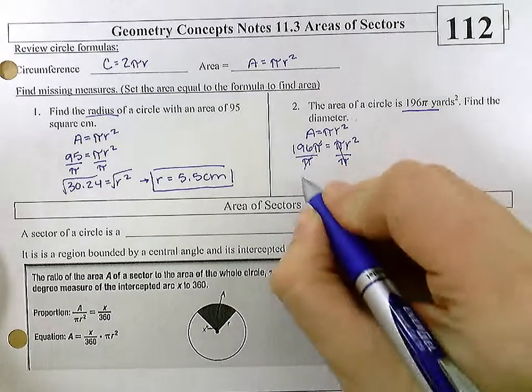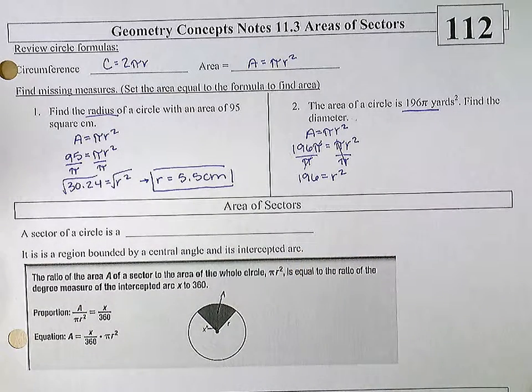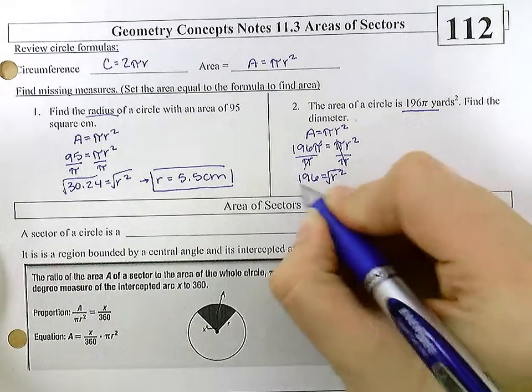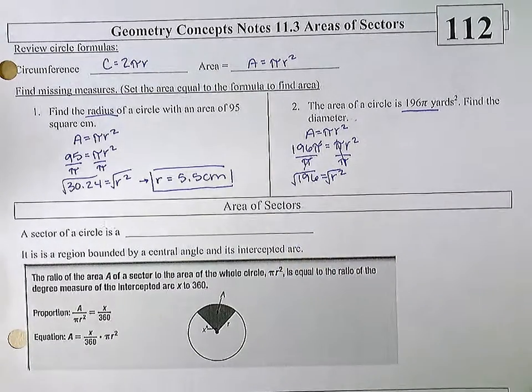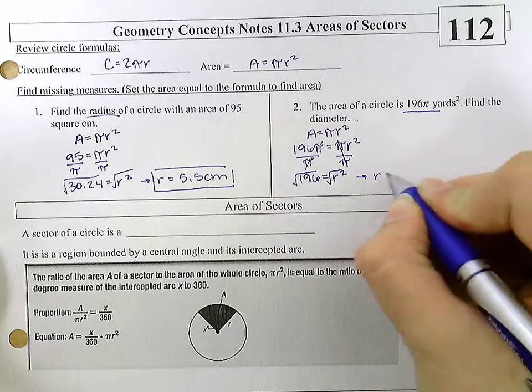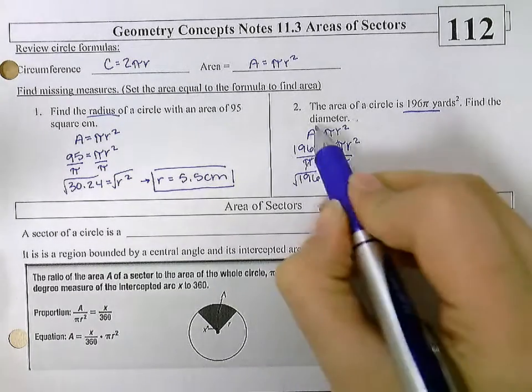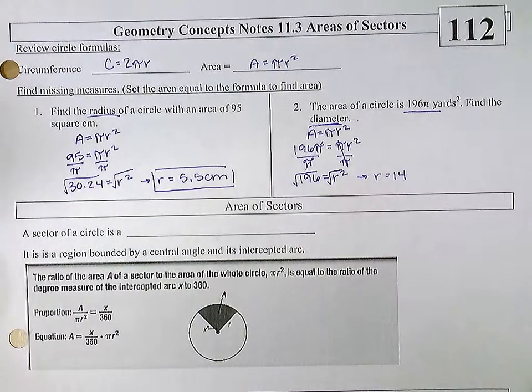So you have 196 is equal to r squared. Take the square root of both sides, and r will then be equal to 14. However, in my directions, it wants us to find the diameter.